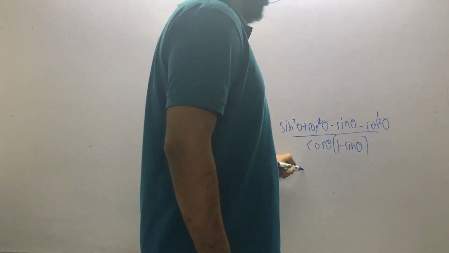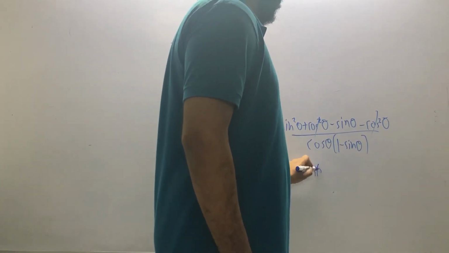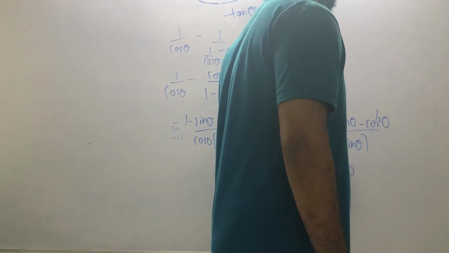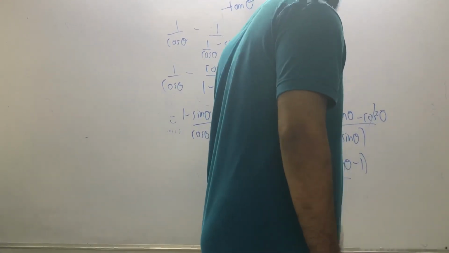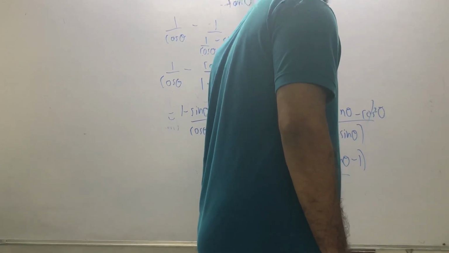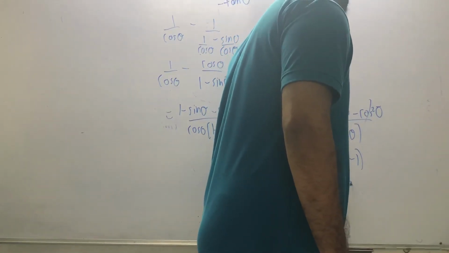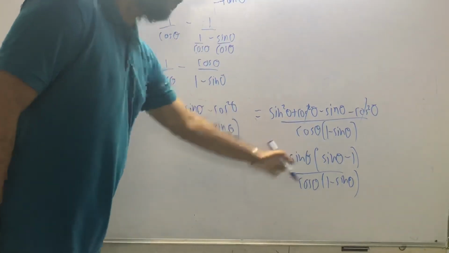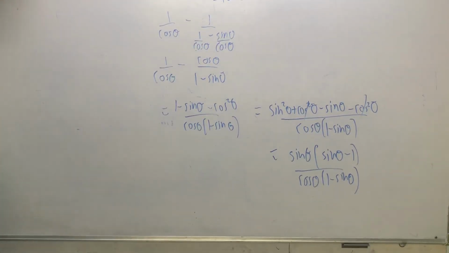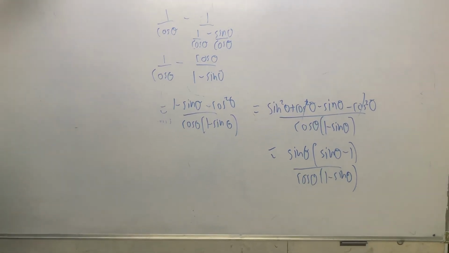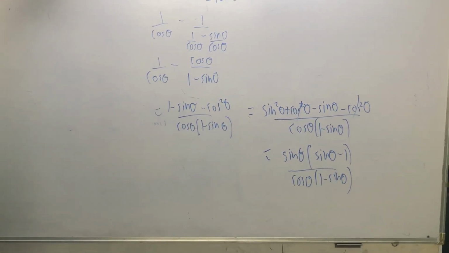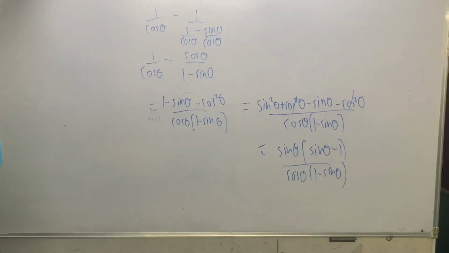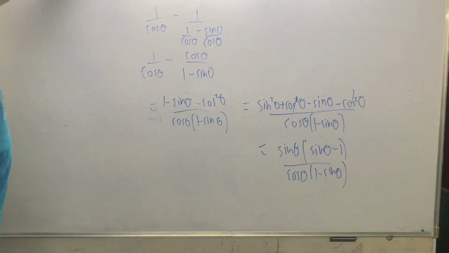You can take out sin theta common from here, so sin theta minus 1 upon cos theta into 1 minus sin theta. Okay, now in this one you can write it like this, minus sin theta into 1 minus sin theta upon cos theta into 1 minus sin theta.